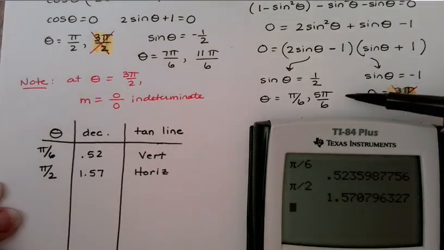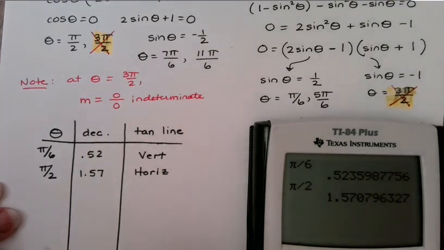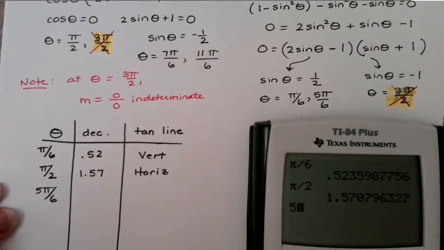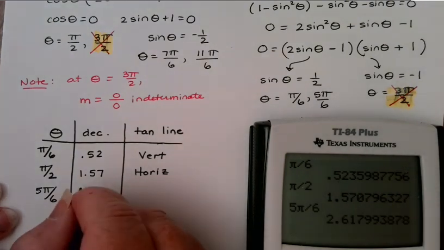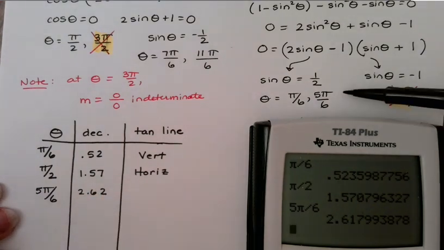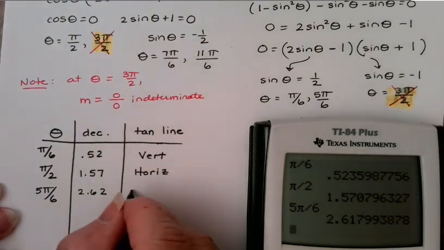I think the next one is 5 pi over 6, next biggest, just trying to go in order here. That's about 2.62 on my calculator, and that one was a solution for the vertical tangents.